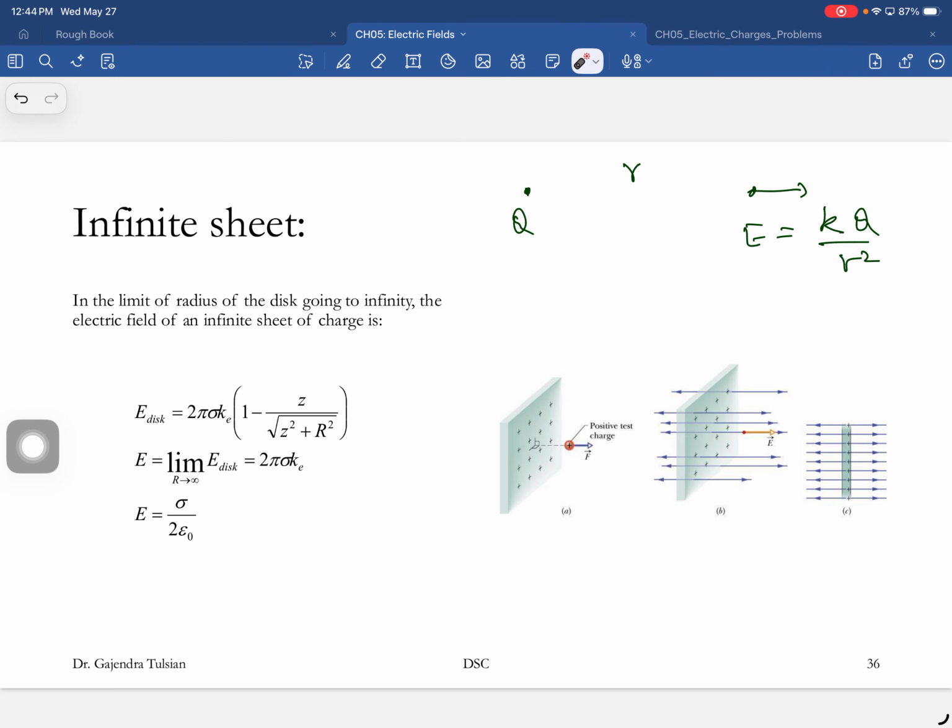There's no distance information. From the wall, the electric field here is the same as here, as here, as at the end of the universe. Amazing.